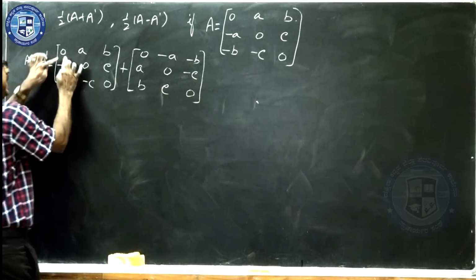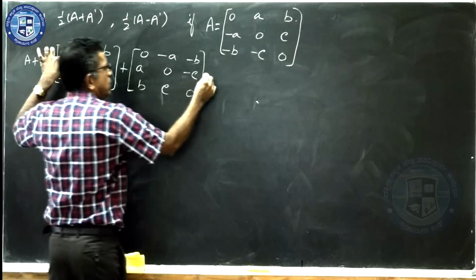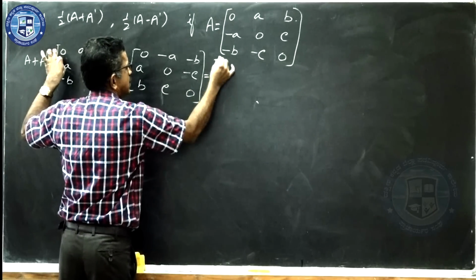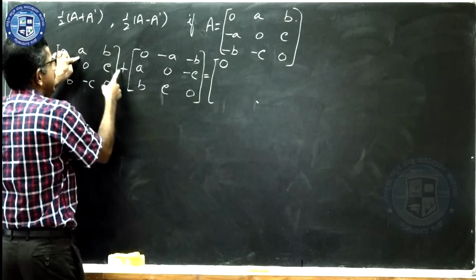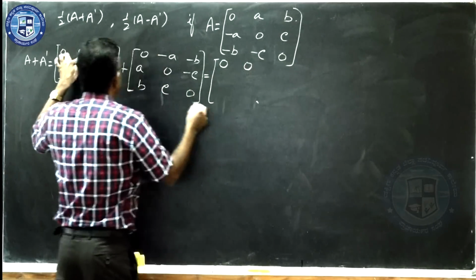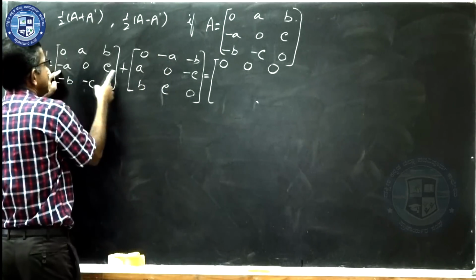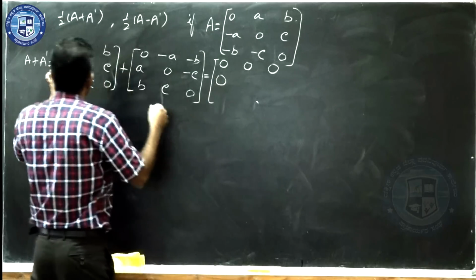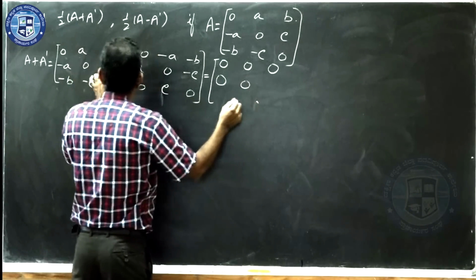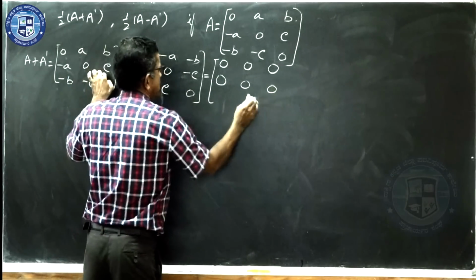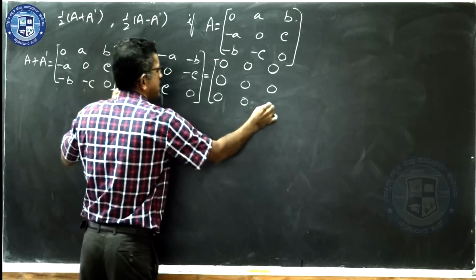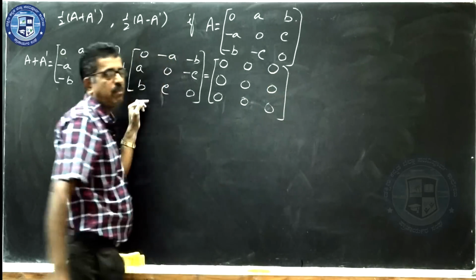So, what do you get on adding? 0 plus 0 is 0. Next, a plus minus a is 0. b plus minus b is 0. Minus a plus a is 0. 0 plus 0 is 0. Then c minus c is 0. What do you observe here? All elements are zeros. It is a null matrix.